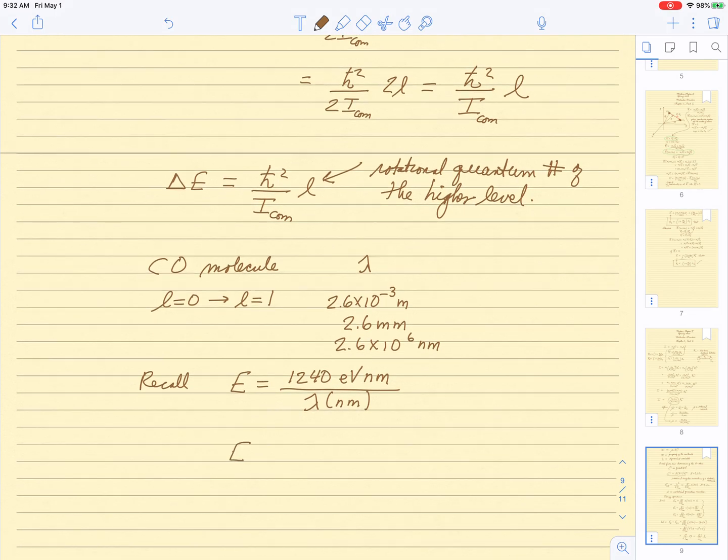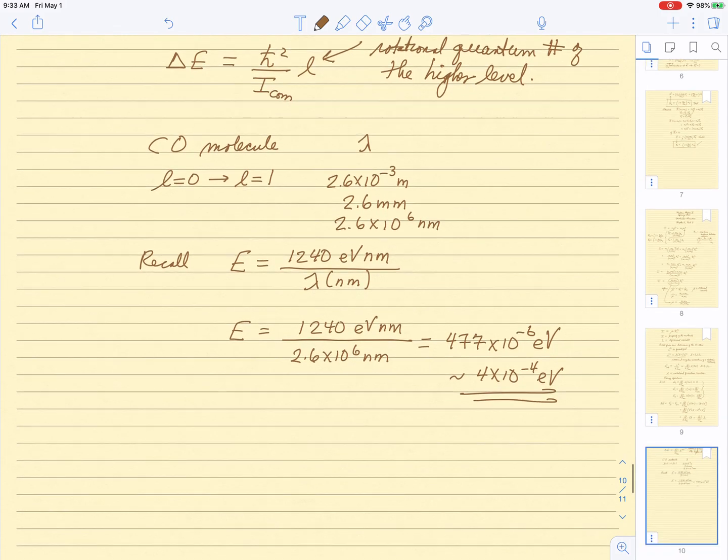So that energy is going to be 1240 electron volt nanometers divided by 2.6 times 10 to the 6 nanometers, which gives us 477 times 10 to the negative 6 eV, or around 4 times 10 to the negative 4 eV.